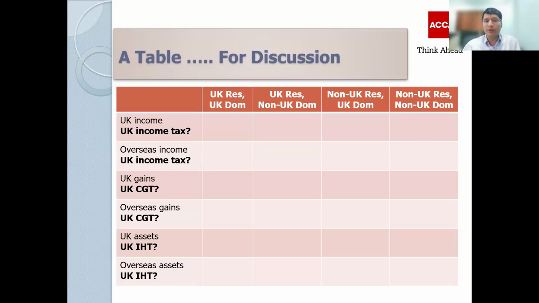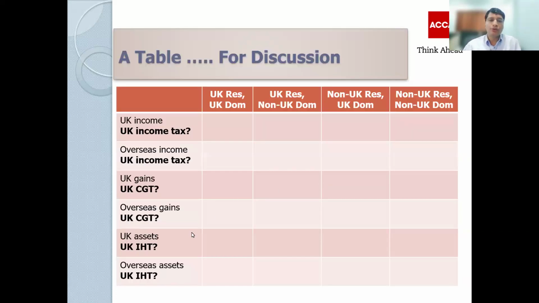I'm sure this point is clearer here. Any UK land and building and business assets used in the business in the UK, for example, permanent establishment, those gains would still be liable to UK CGT for non-UK resident.